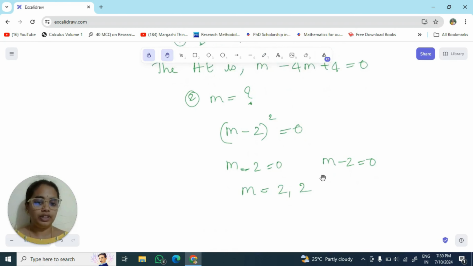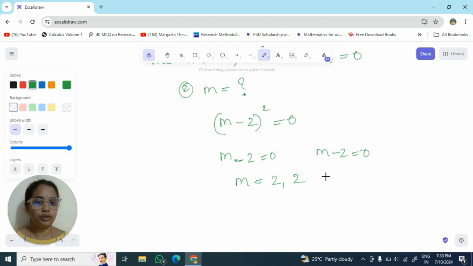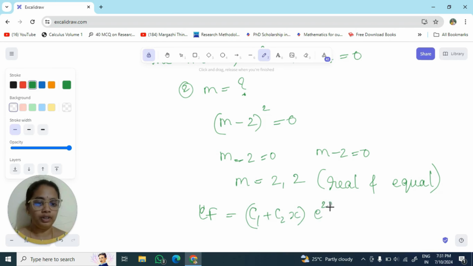So clearly over here, if you observe, the roots are real and equal, right? So when the roots are real and equal, the CF would be C1 plus C2x into e to the power 2x. As I told you, C1 and C2 are constants. You can either use C1, C2, A, B, anything other than x and y, because we are already using those in this problem.